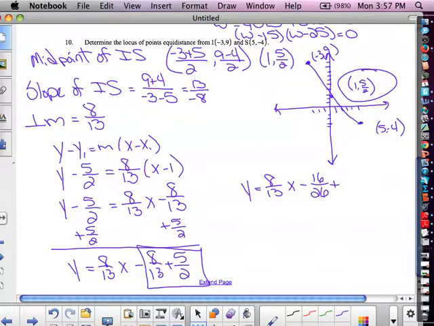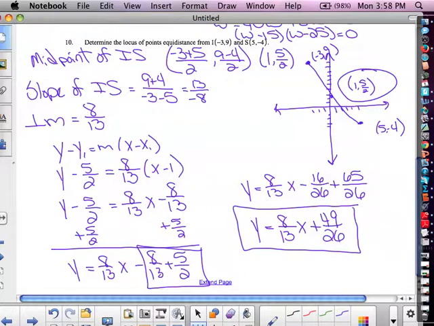And then 5/2 I'll multiply by 13, and that will give me 65 over 26. So y is equal to 8 over 13x. And then when I add minus 16 over 26 plus 65 over 26, I should get 49 over 26. And that's the equation of that perpendicular bisector for that segment IS.